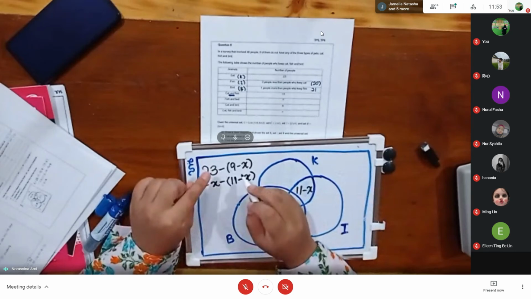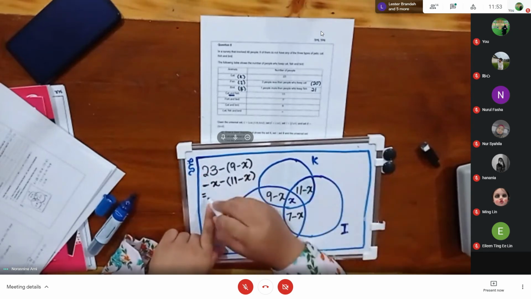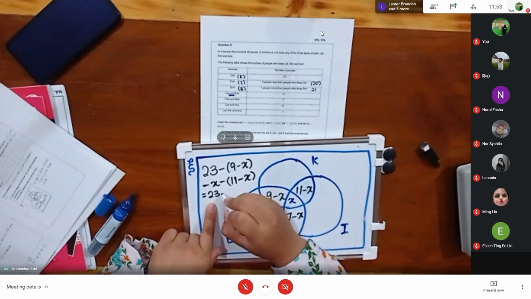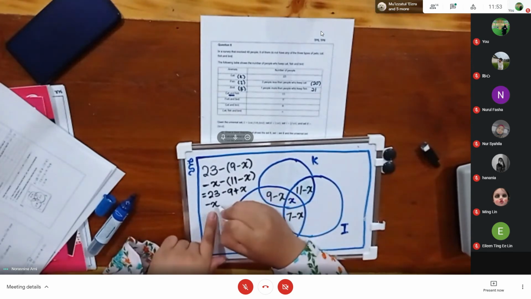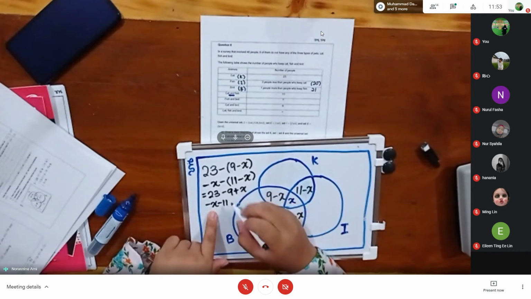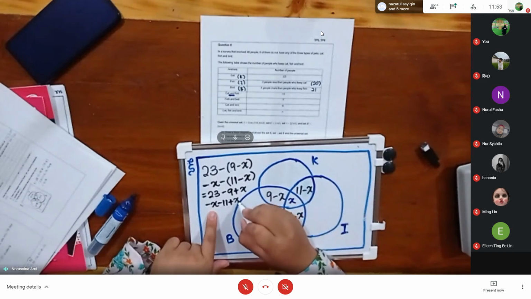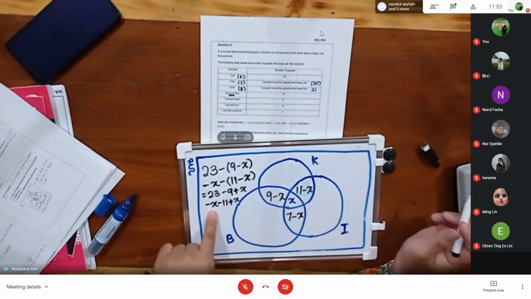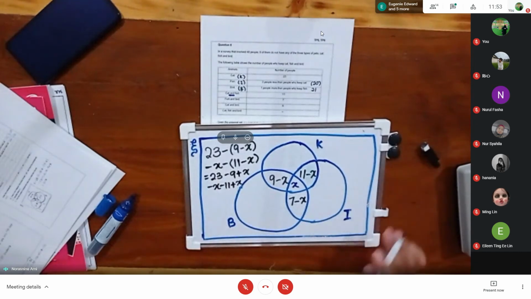Then we solve this calculation. 23 minus 9, open the bracket, will be plus X, minus X, minus 11, open bracket, minus minus will be positive, plus X. Then we solve 23 minus 9 minus 11, what do we get?